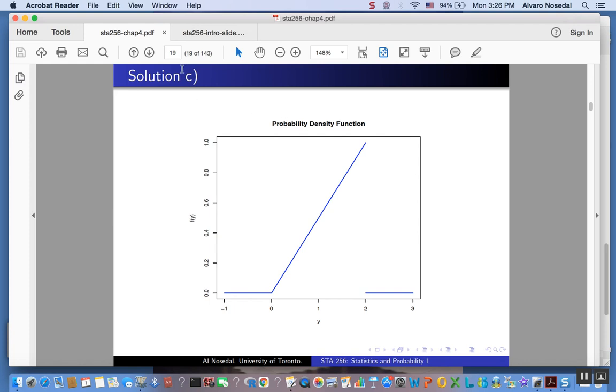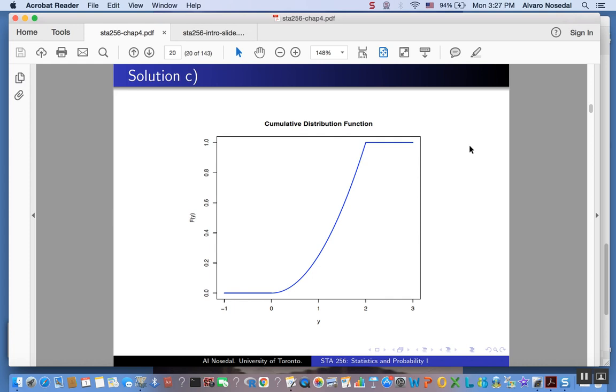Anyway, let me show you that graphical representation of our CDF. See, 0 between negative infinity and 0, then we have that curve, y squared divided by 4, and then we have 1. Make sense? Okay, so that's part C. That was nice, having a graphical representation.